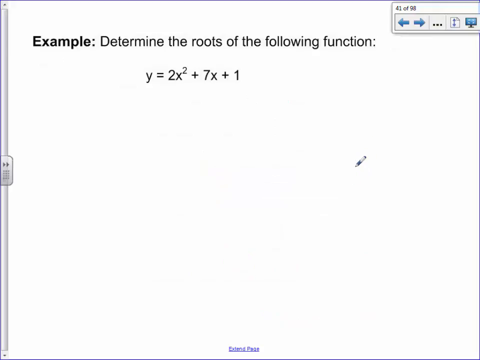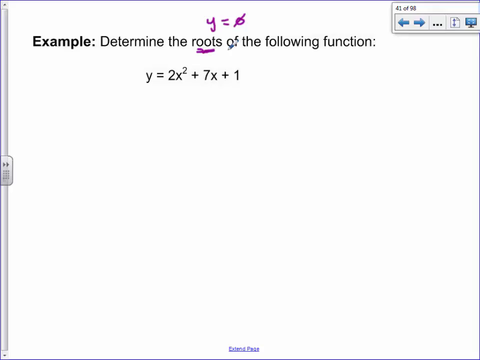Okay. Let's do this example here. We're going to determine what are called the roots of the following function. Have you guys ever heard that notation before? Do you know what roots happen to be? Or is that not a phrase you've heard of before? I'm getting not much here. Okay. Roots means when y equals 0. You've never heard that before? A root of something is when y is equal to 0.